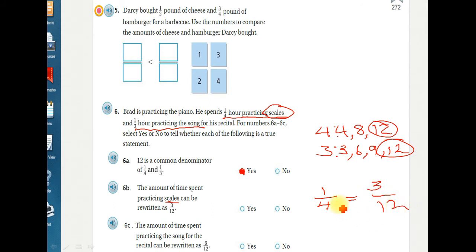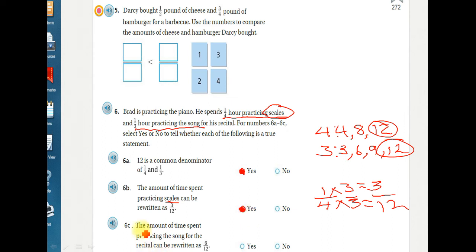Well, let's see. I know 1 times 3 equals 3. But if I multiply the top by 3, I have to multiply the bottom by 3. Does 4 times 3 also equal 12? Yeah, it does. So, could we rewrite 1/4 as 3/12? Yes, we could, because they would be equal or equivalent fractions. So that's another yes.